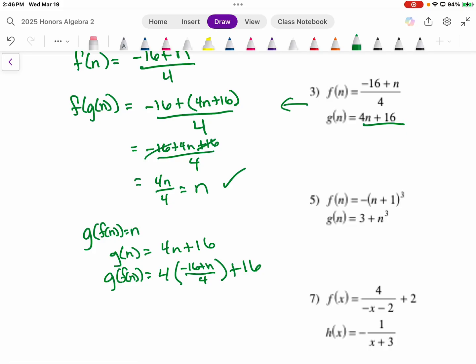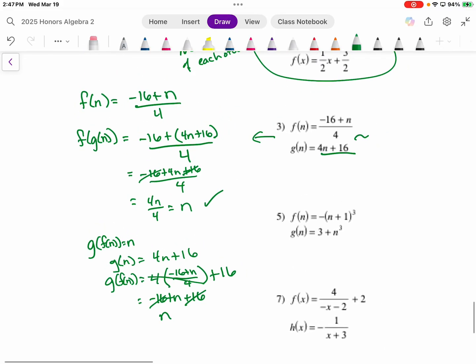Now I simplify. What do the 4s do? They cancel. So that leaves me negative 16 plus n, plus 16. Negative 16 and a positive 16 cancel each other, and I'm left with n. So we get to say, yes, these are inverses of each other.